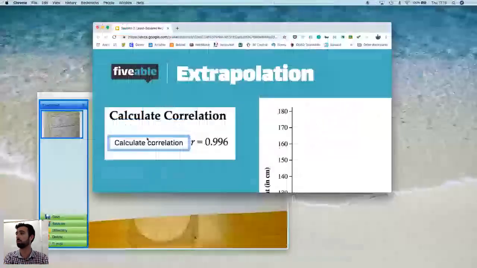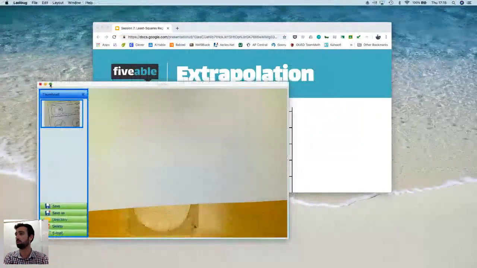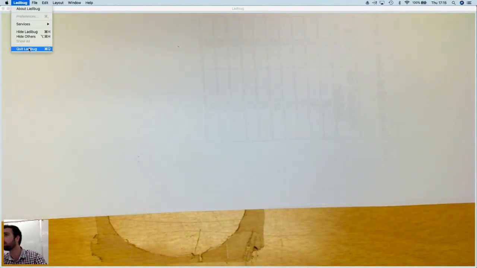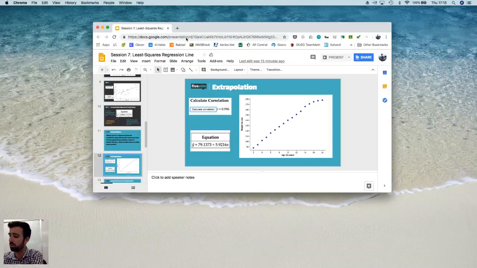So let's go to this. First, let's write down the equation. So the equation is y hat equals 79.13 plus 5.92x.